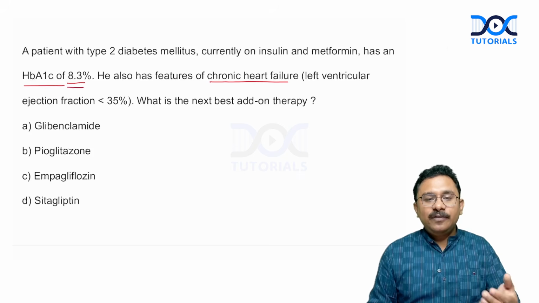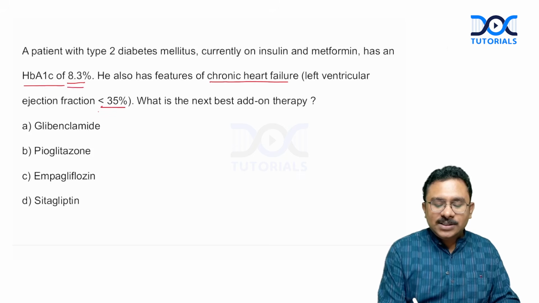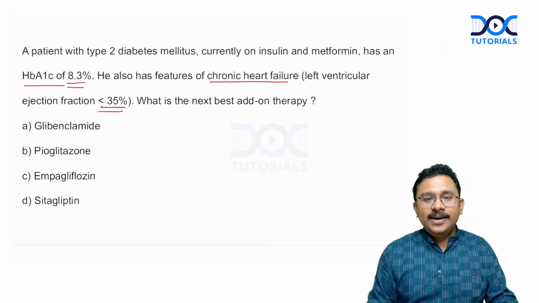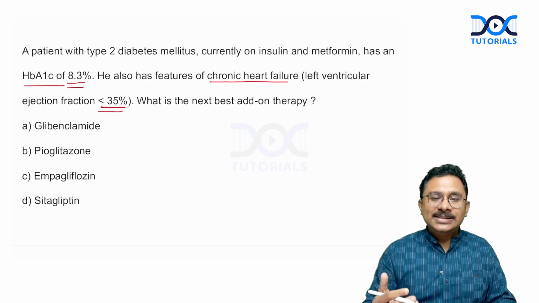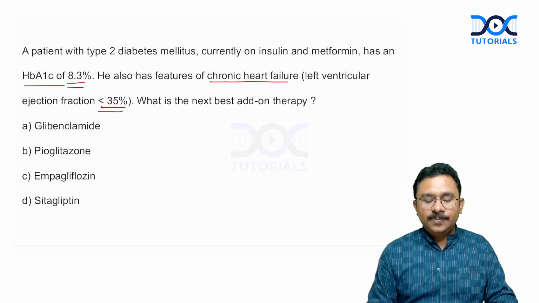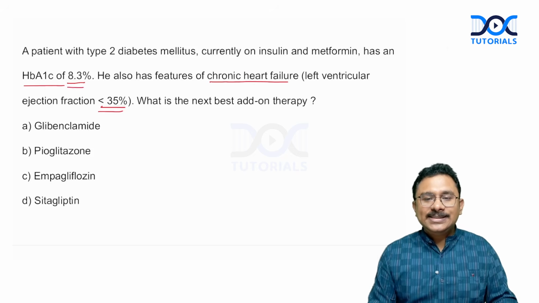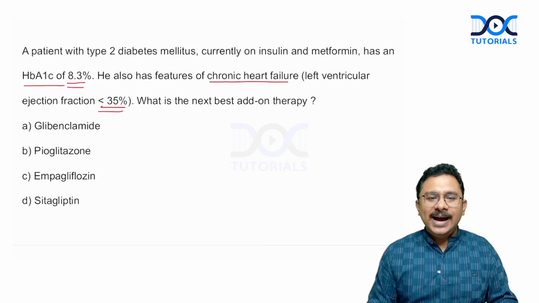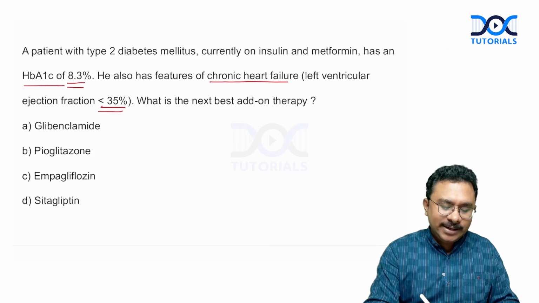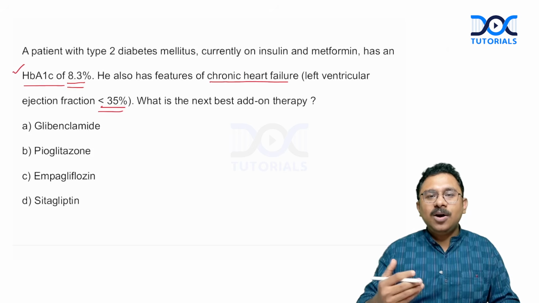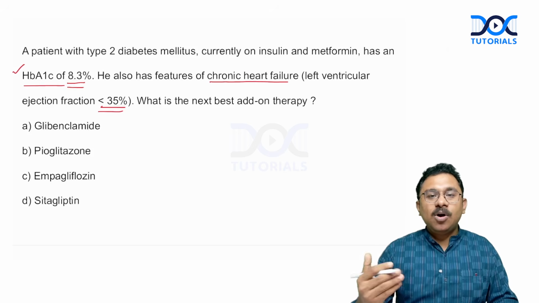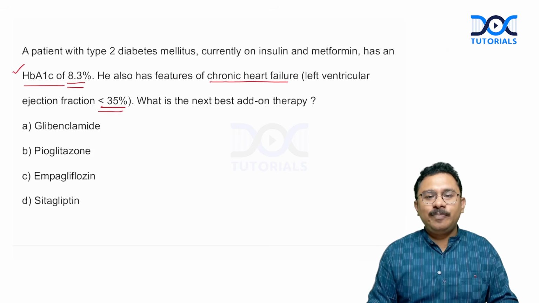And this is heart failure with reduced ejection fraction, because in the question they had specifically mentioned that ejection fraction is less than 35 percent. The question is, what is the next best add-on therapy? Obviously, the next best add-on therapy is going to be an agent that is going to bring the blood sugar under control, and also an agent that has an additional cardioprotective property.